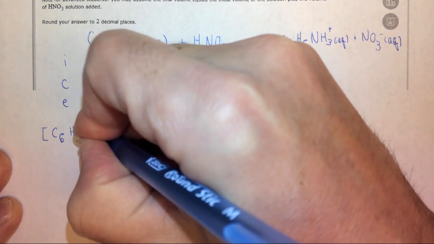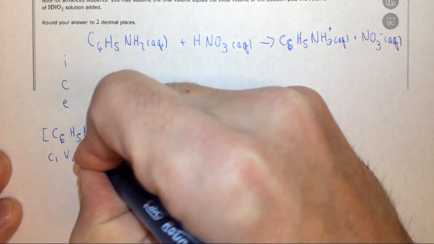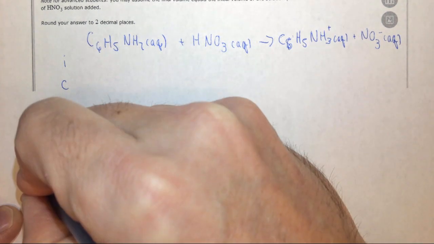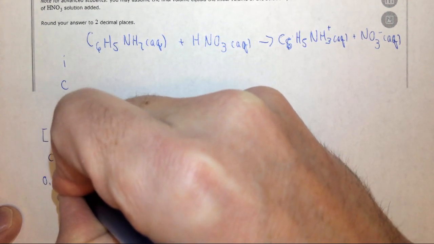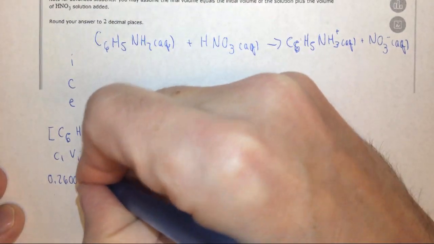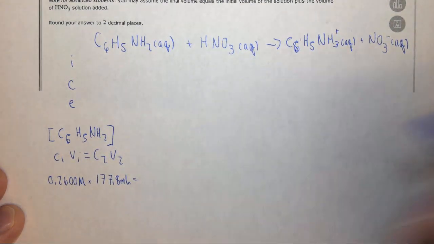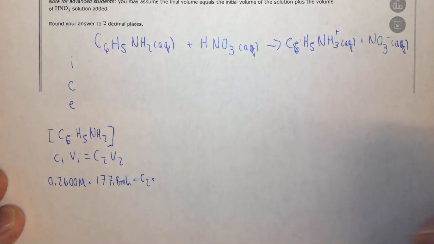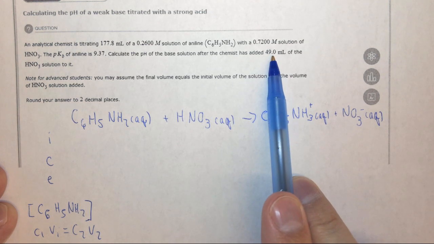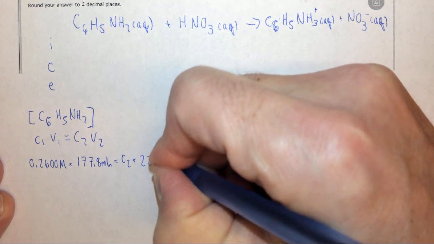So to find the concentrations of these things, the concentration of, say, C6H5NH2, we need to use C1V1 equals C2V2, where the initial concentration is 0.2600 molar, and we added, if you can see up here, 177.8 milliliters of that, equals C2, the variable, times the total volume, which is the 177.8 plus the 49, which is a total of 226.8 milliliters.